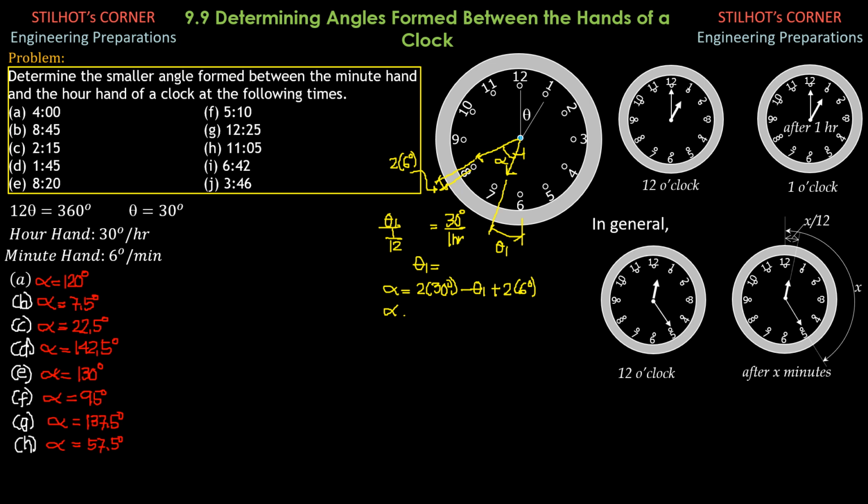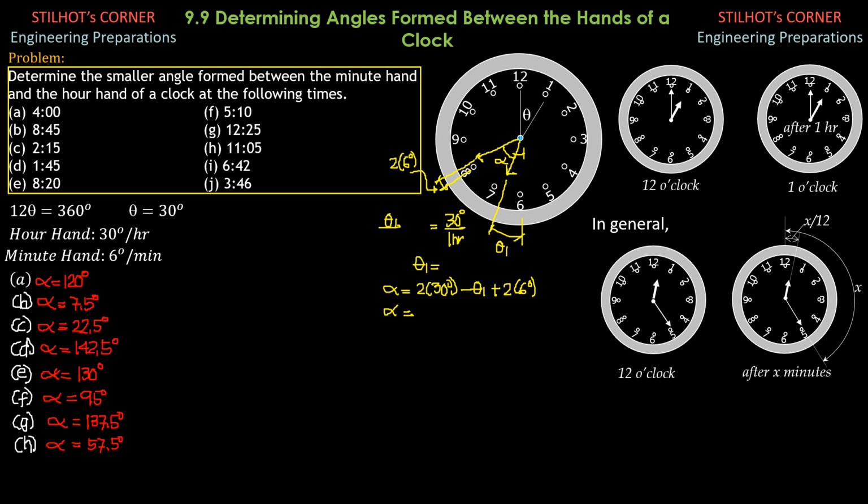So to solve for theta 1, it corresponds to 42 minutes. That 42 minutes divided by 60 is 42 over 60 to convert that to hours.